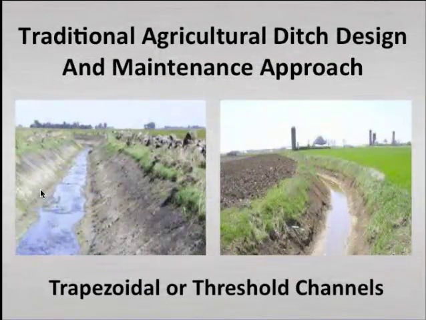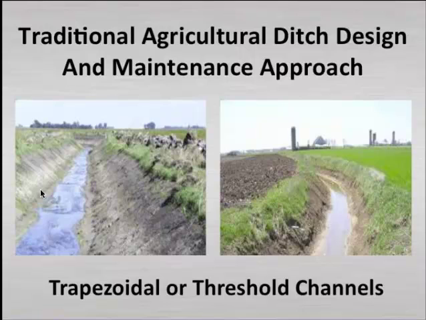So to accommodate this in flat landscapes, where you put in subsurface drainage, it has to have an outlet. For about the past 150 years, this is a type of drainage ditch that's been constructed, often called the trapezoidal or threshold channel, NRCS might call it, where essentially you create a trapezoidal shape, usually bottoms 4 to 10 feet wide, side slopes can be 1 to 1, 2 to 1.